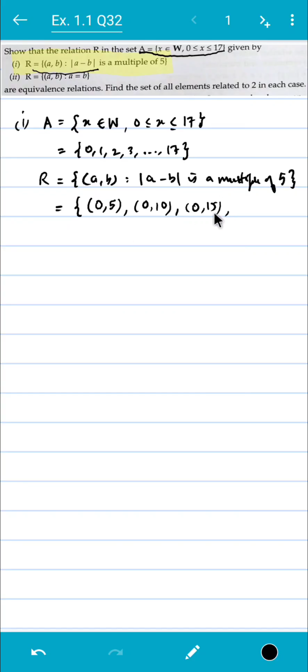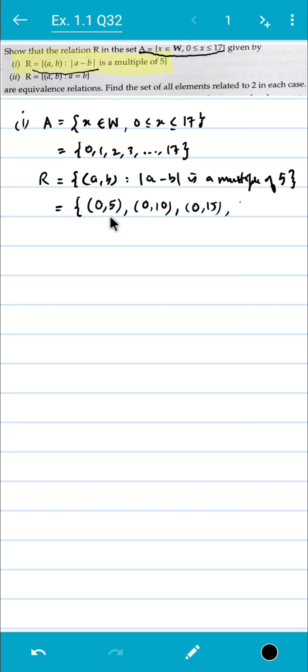Then let's try, what if we start with 1? First of all, we're missing some element here. That element is (0, 0).